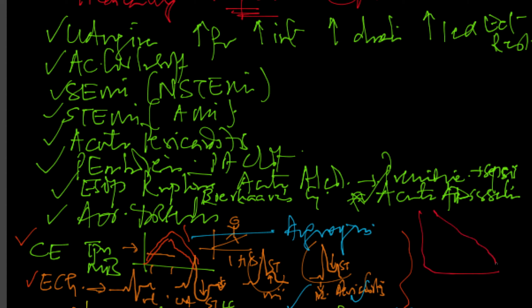And again, my favorite schematic here, the aorta coming out as an offshoot here, and from one sinus, which is the left coronary sinus, arises the left coronary artery, and from the right coronary cusp arises the right coronary artery, and these are the various branches. So wherever the blockages are, those blockages will appear in these fashions, and again, if there are multiple blockages, obviously you'll require a bypass, which is called CABG.